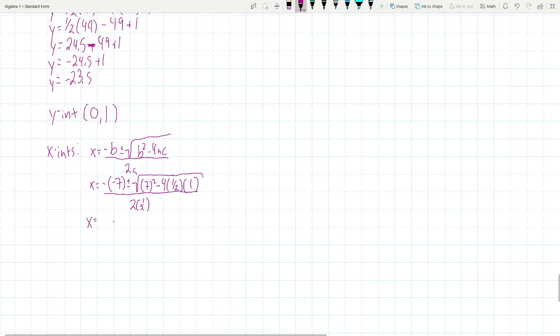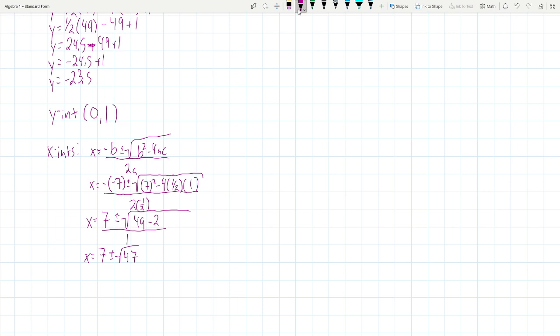And so I get x equals 7 plus or minus the square root of 49 minus negative 4 times 1/2 is negative 2 times 1 is still negative 2, all divided by 1. X equals 7 plus or minus the square root of 47 divided by 1. And really, I could just start leaving off this 1.